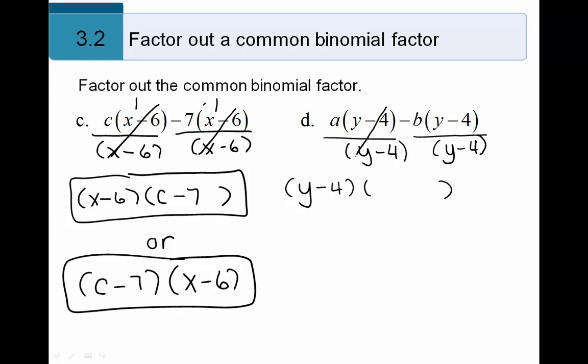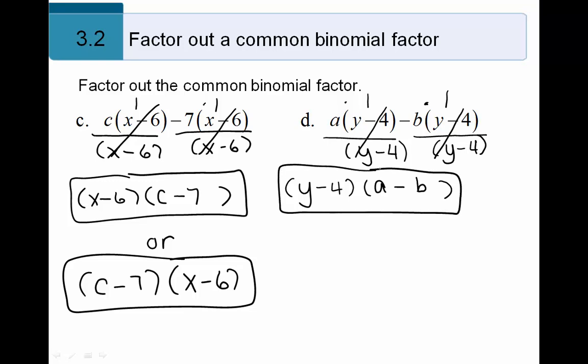Y minus 4 divided by itself is 1. 1 times a is a, minus y minus 4 divided by itself is 1, and 1 times b is b. So y minus 4 times a minus b, or a minus b multiplied by y minus 4.